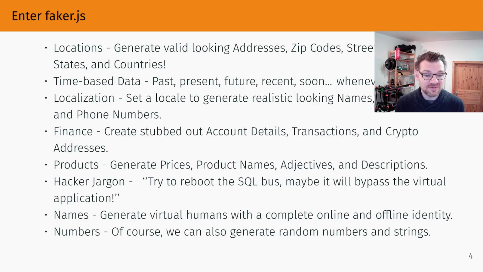So what is actually faker.js? Faker.js is basically all the random data that you could ever need to test whatever you're doing, in all the languages that you ever wanted to have or didn't even know existed. Faker.js offers test data for addresses, zip codes, street names, finance related things like account details and transaction related stuff, hacker jargon even, different names, different numbers, test text, whatever you can imagine.